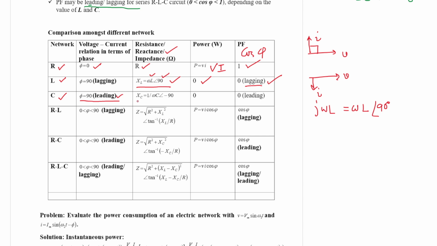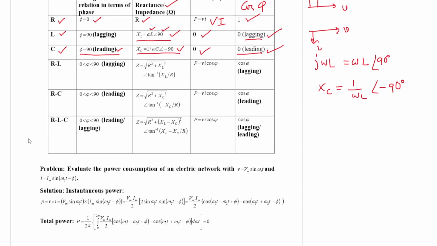A capacitance offers a reactance Xc equal to 1 by omega C, which provides a rotation of minus 90 degrees. Power consumed is 0, power factor is 0, but it is leading.